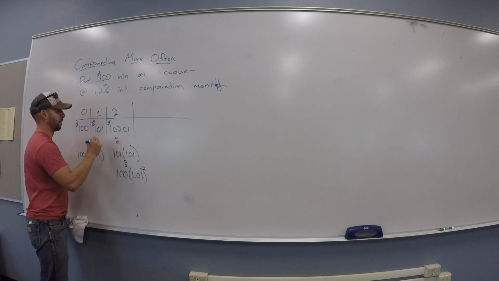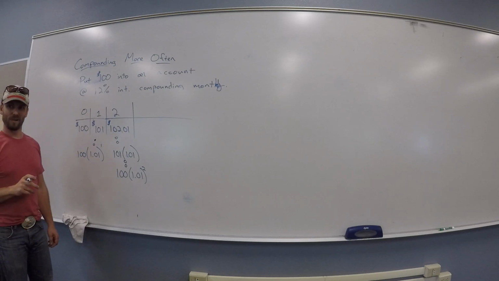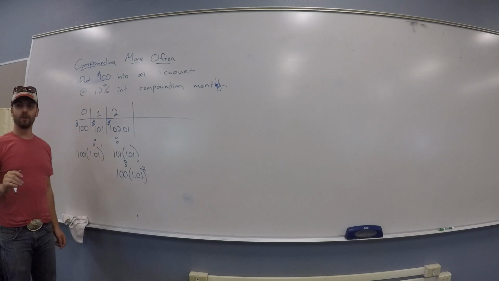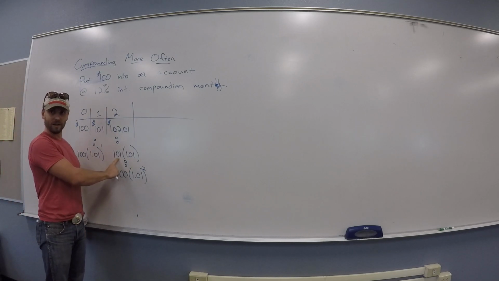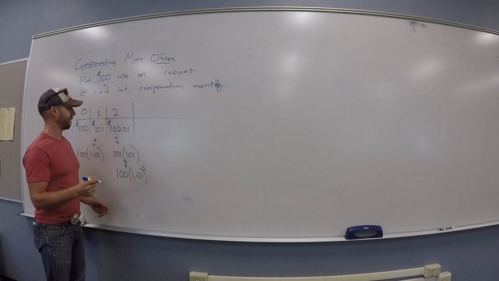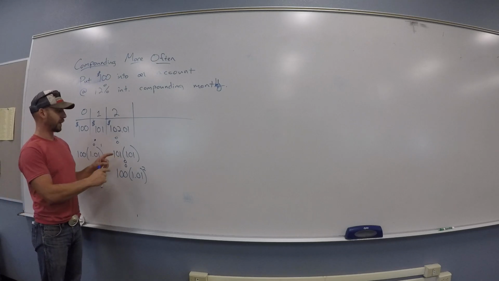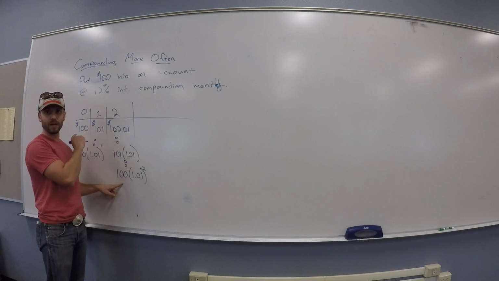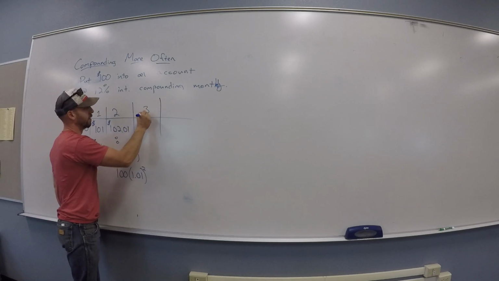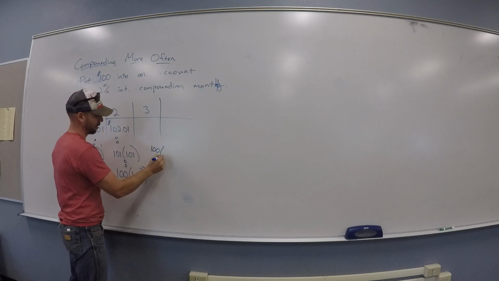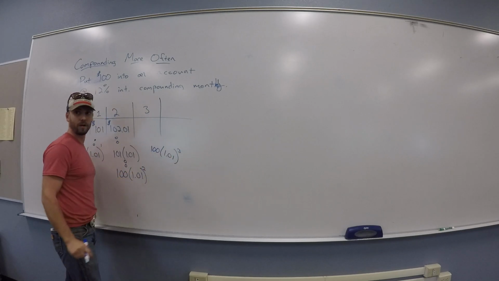Did you do the next one? I did 101 times 1.01 to the second power. Yep, so you did the next one. You had one compounding here and then you had two of these, so three compoundings total. You're just doing 101 times 1.01, which is one compounding on what you had before, or two compoundings on the beginning. This next one is three compoundings on what you had at the beginning, so that's 100 times 1.01 to the third.